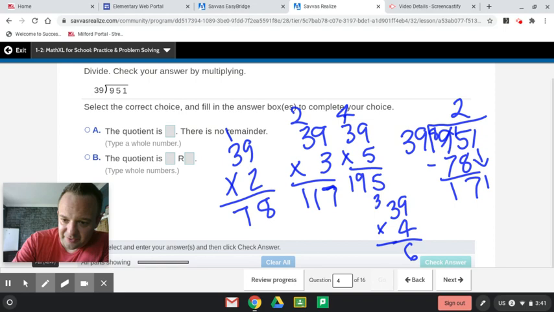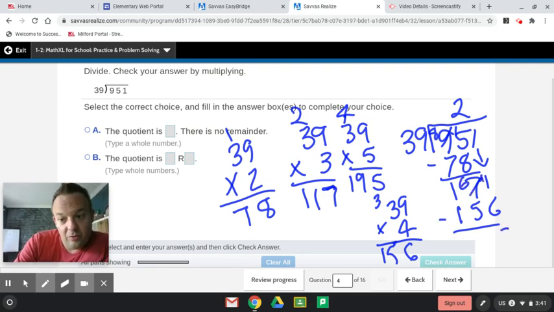4 times 3 is 12. Plus 3 is 15. So 156 here. Subtract. Well, 1 minus 6 can't do it. Got to borrow. Remainder. Okay. So it went in 4 times.